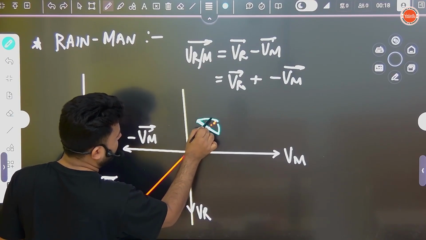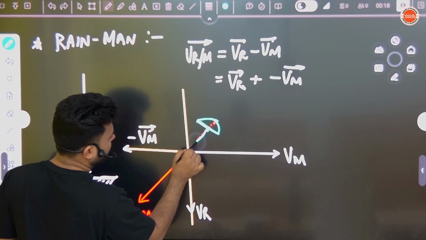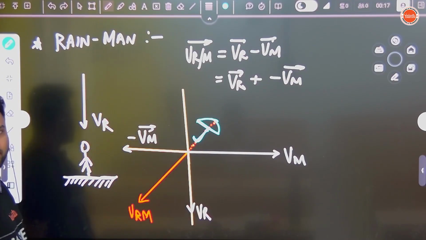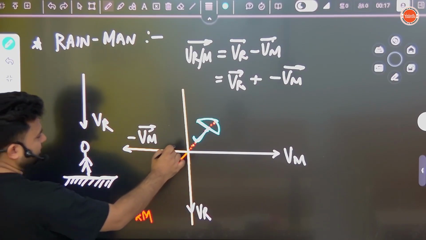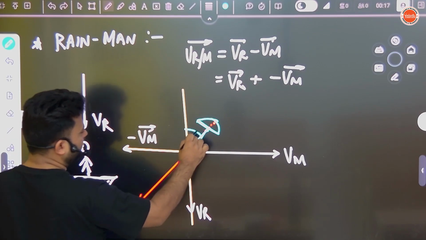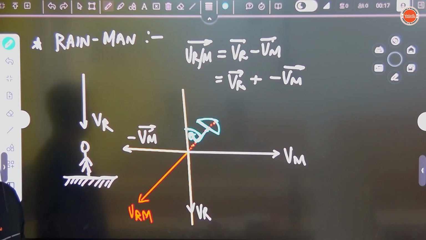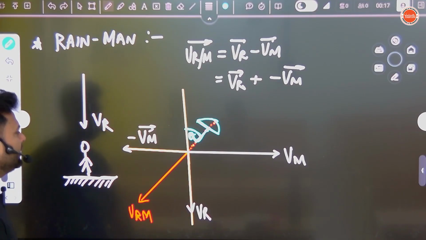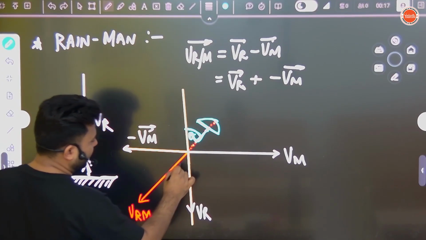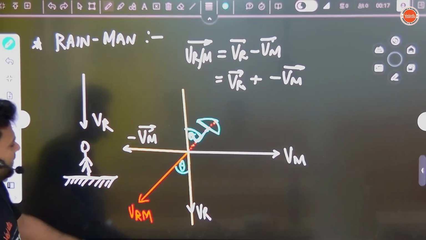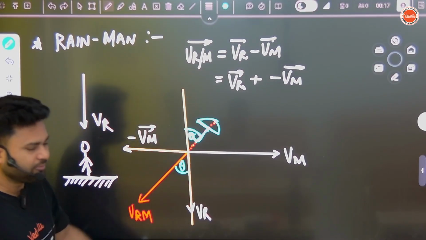Suppose this is your umbrella. So your umbrella should be like this. Correct? So they will ask this angle from vertical, how much angle? Suppose this angle is theta. At what angle you should tilt the umbrella? If this angle is theta, then the vertically opposite angle will also be theta.